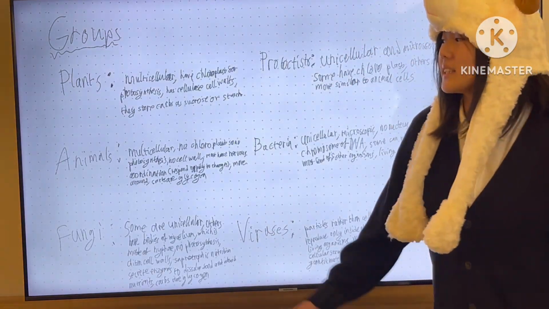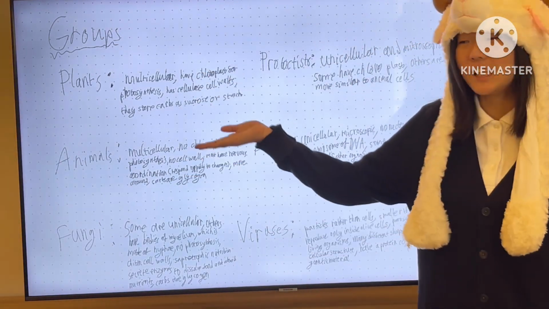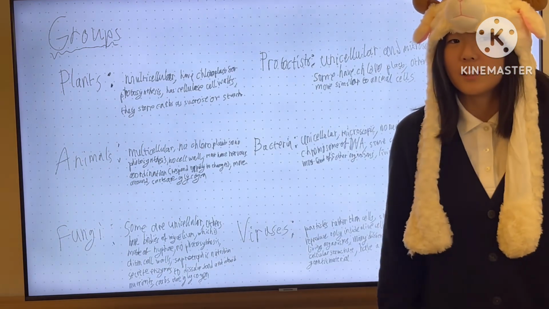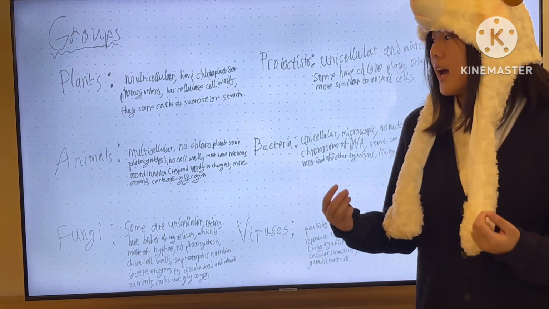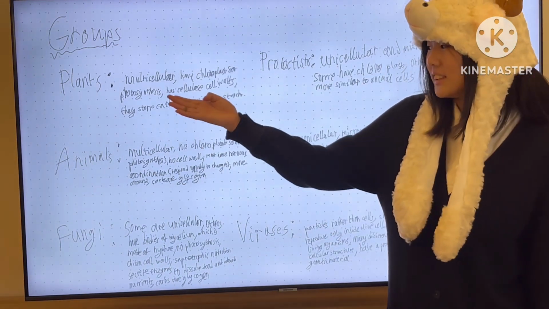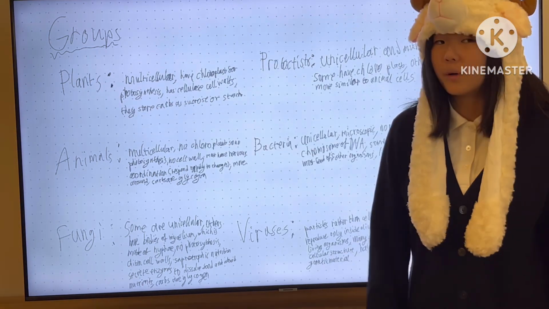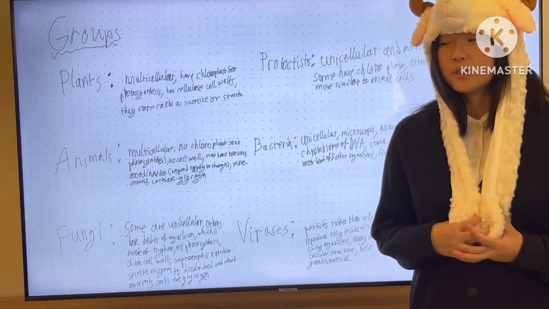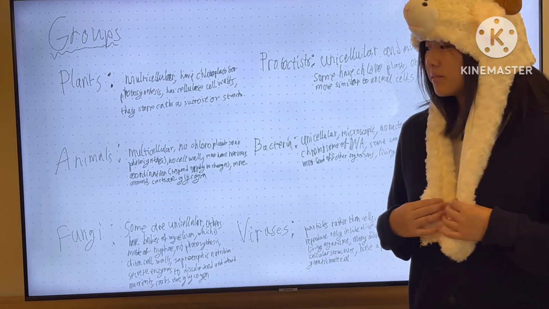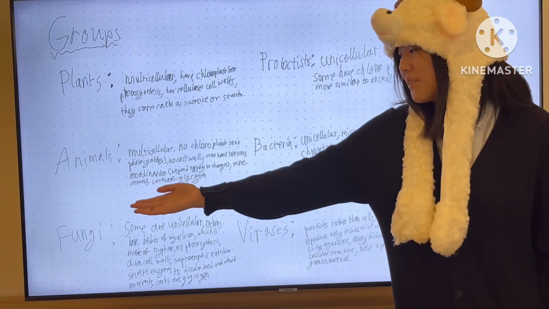The first group is plants. Plants are multicellular, have chloroplasts for photosynthesis, and have cellulose walls, and they store carbohydrates as sucrose or starch. The next group is animals.